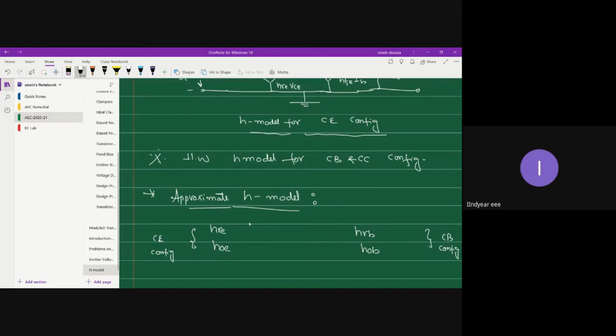Based on practical experimentation, the typical value of HRE is close to 2.5 into 10 to the power minus 4.